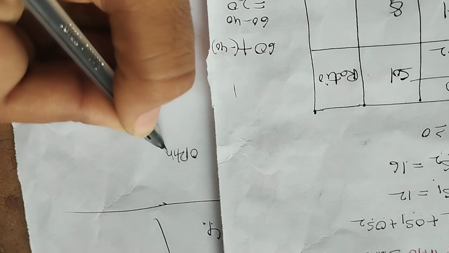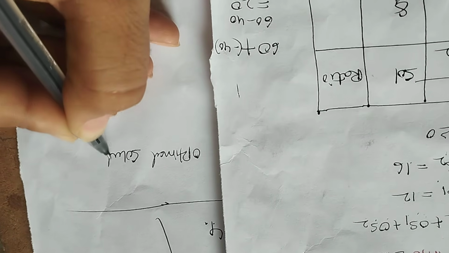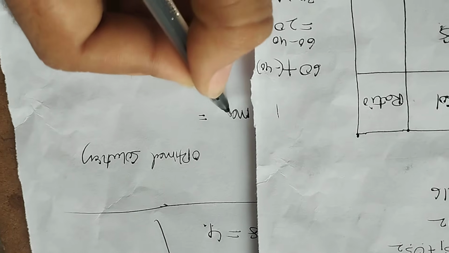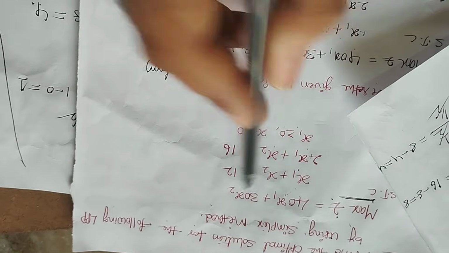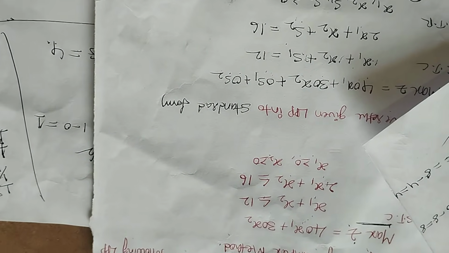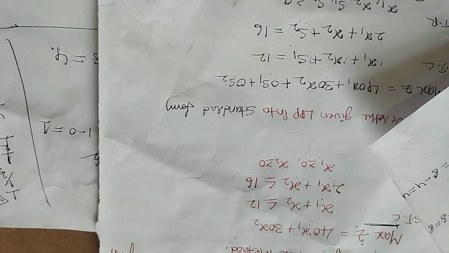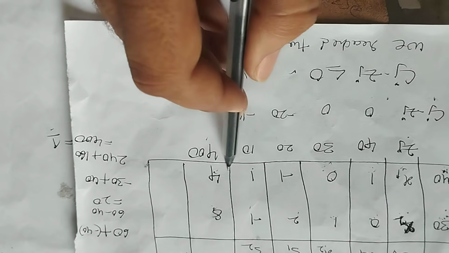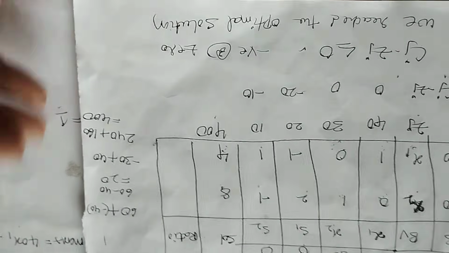The optimal solution is max z is equal to, what is the equation actually here? 40x1 plus 30x2. Here the corresponding x1 value, what did you get here? 4.